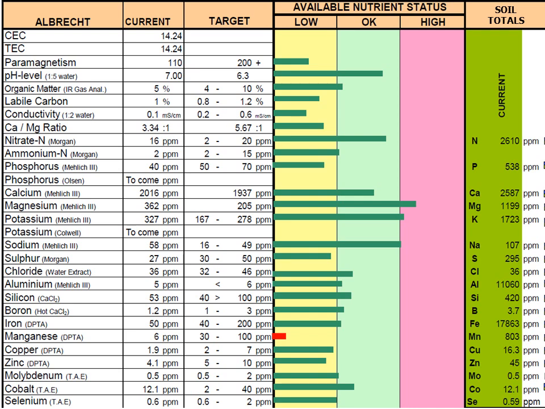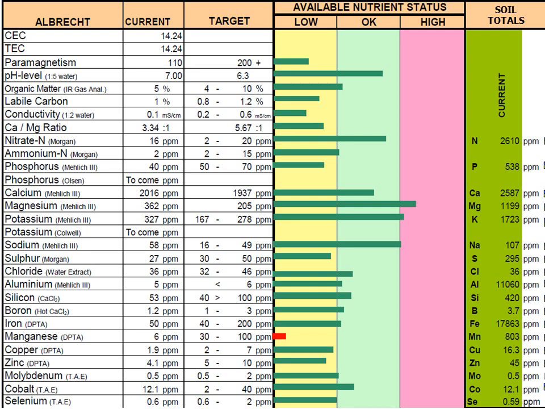However, my magnesium component here is 107 parts per million above the target. In other words, the magnesium part of the CEC is over the top. What I would be looking for would be 205 parts per million. In my total test, I have 1199.